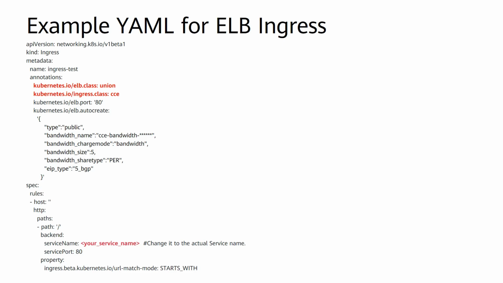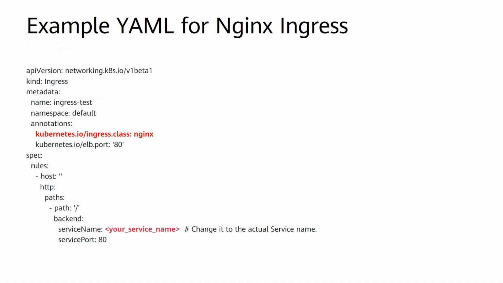In CCE, setting ingress class to CCE means you use the ELB ingress. Then, you need to specify the ELB load balancer port and parameters for auto creation. The configuration is the same as that in the service. The following parameters reflect the desired state of the ingress. Configure the rules such as the host, protocol, path, service, and URL to match. This is the definition required for creating an ingress.